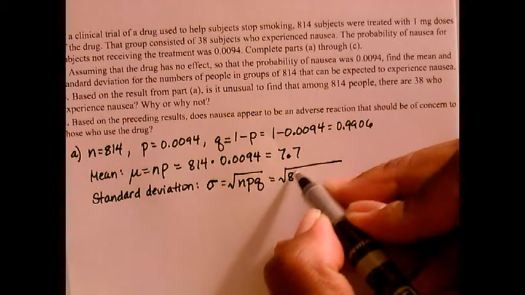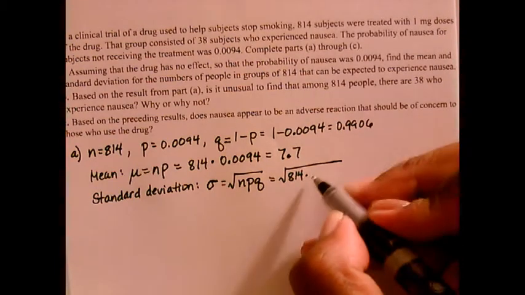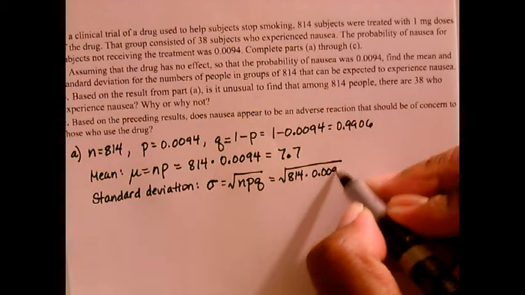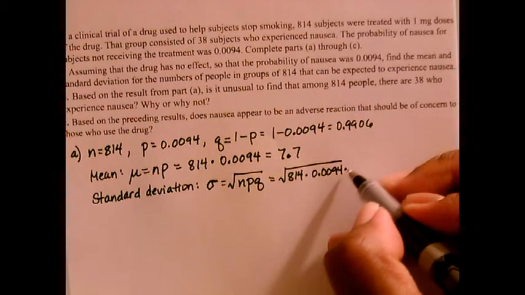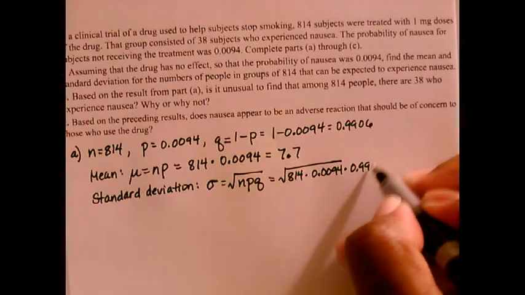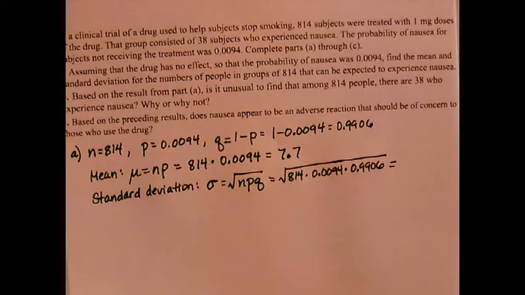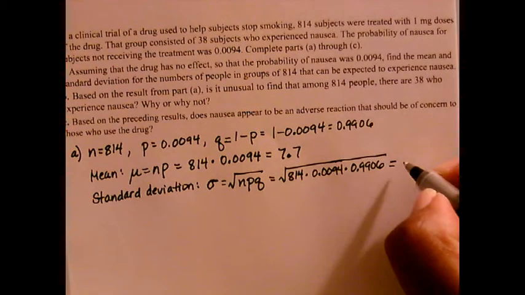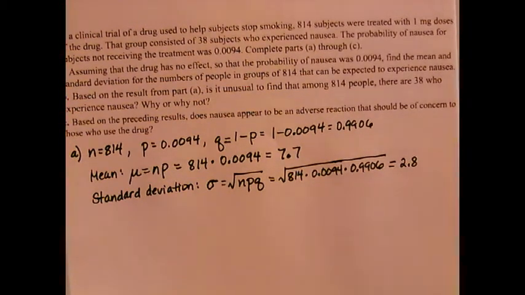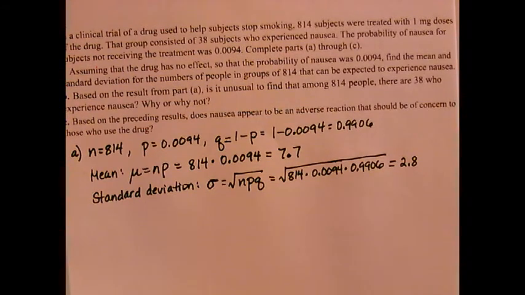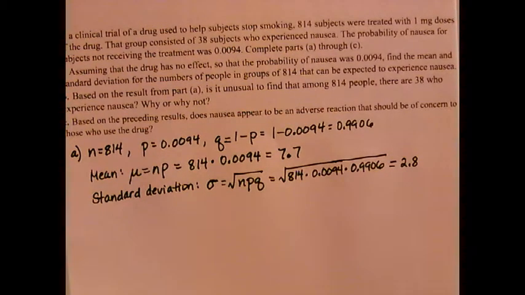So your n is 814, your p is 0.0094 times q, which is 0.9906, and all of this is underneath the radical. So if you take the square root of 814 times 0.0094 times 0.9906, you're going to get 2.8 to one decimal place. So that's your standard deviation of 2.8.